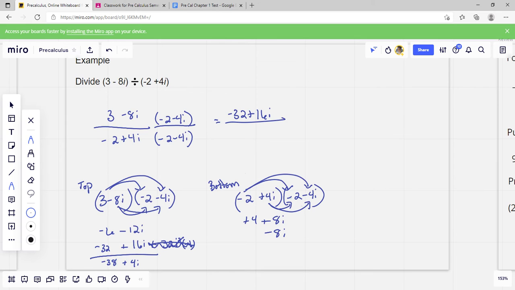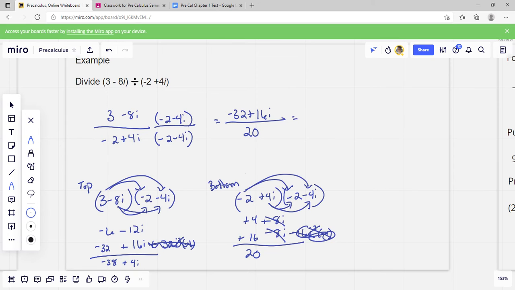And then we're going to have 4i times negative 4i is 16. That'll be a negative 16, and i times i is i squared. And then we know that that's going to be the same as negative 1. Negative 1 times negative 16 is going to be positive 16. All right. So now we have 16 plus 4, which would be 20. And our i's cancel each other out. So our whole bottom has been reduced to 20.